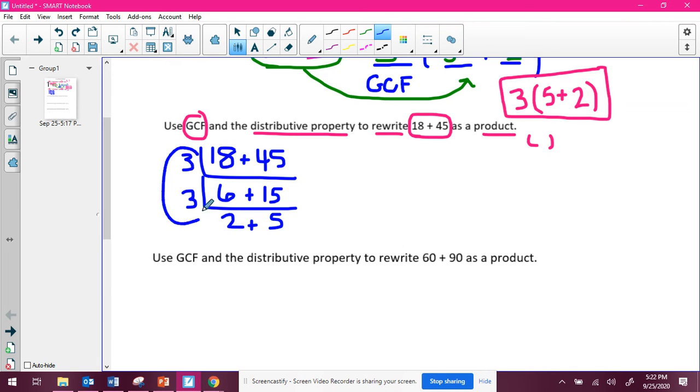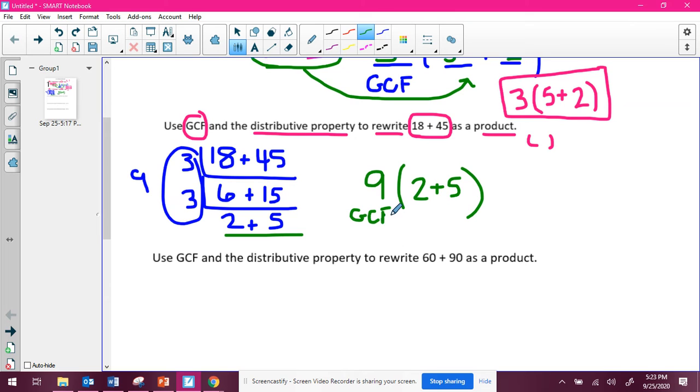And the GCF is 9. So to rewrite it, we're going to put the GCF on the outside, parentheses, and then this is going to go on the inside, 2 plus 5. So the outside is the GCF, and the inside is what's left at the bottom here.